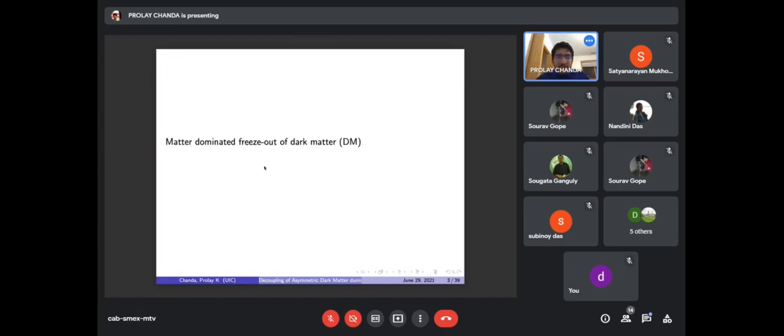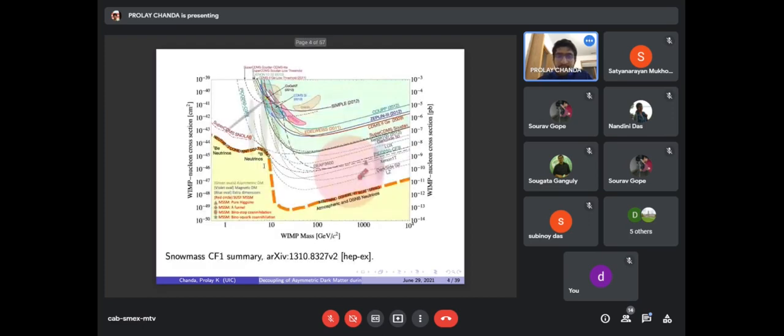Now, let's start with matter-dominated freeze-out of dark matter. The inspiration for freeze-out during matter domination starts from this experimental summary to date, and this picture tells us all the experimental bounds we have placed on a WIMP scenario. WIMP stands for weakly interacting massive particles, and it is one of the simplest candidates for dark matter.